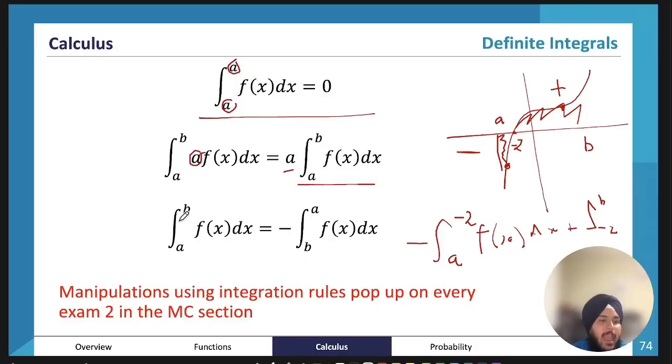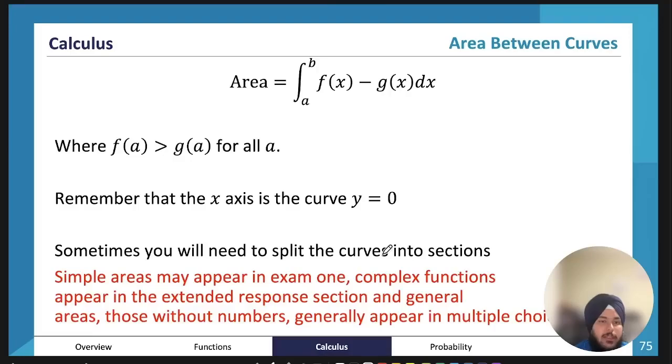Same thing. And if we have a lower limit and upper limit, and we swap them, we are going to get the negative of the integral. So that was essentially definite integrals.